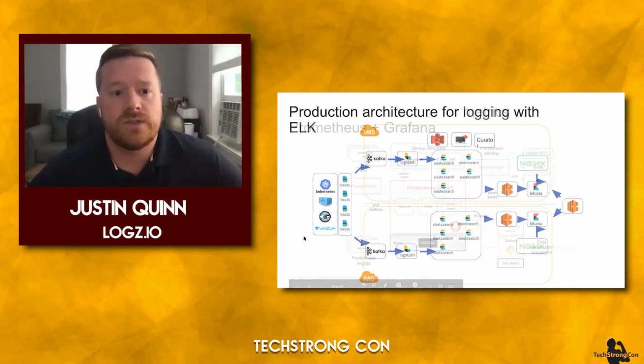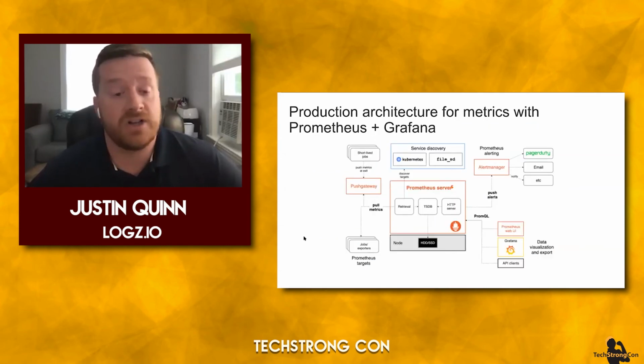So let's take a look at a production architecture for metrics-based data with Prometheus and Grafana. Prometheus can be used to pull metric data. Prometheus uses a pull mechanism, so users are able to control the pulling interval, which is helpful when the servers are busy.